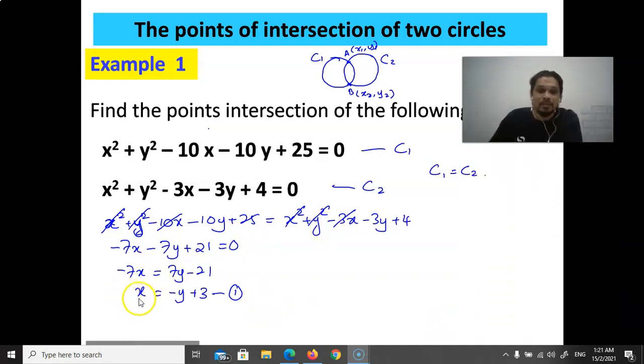Now we may substitute x equals negative y plus 3 into equation 1 or equation 2. It's all up to you, because we're going to find the value of x.